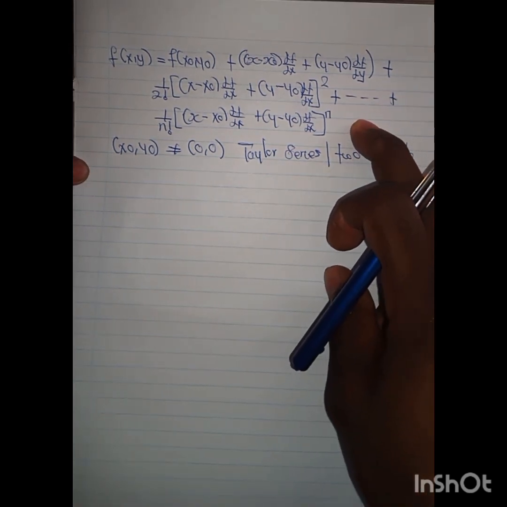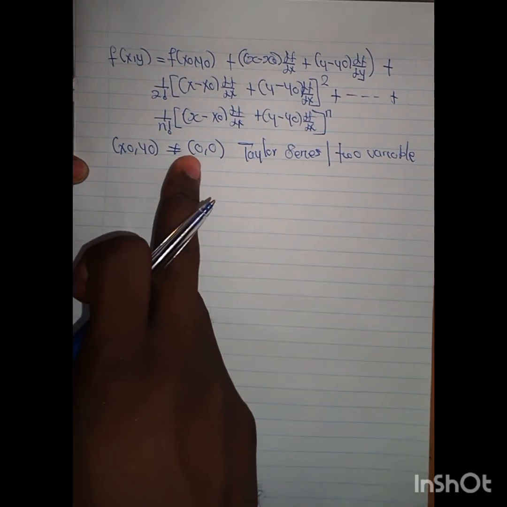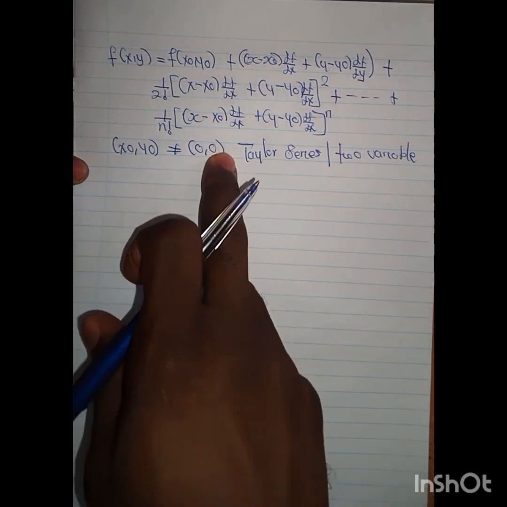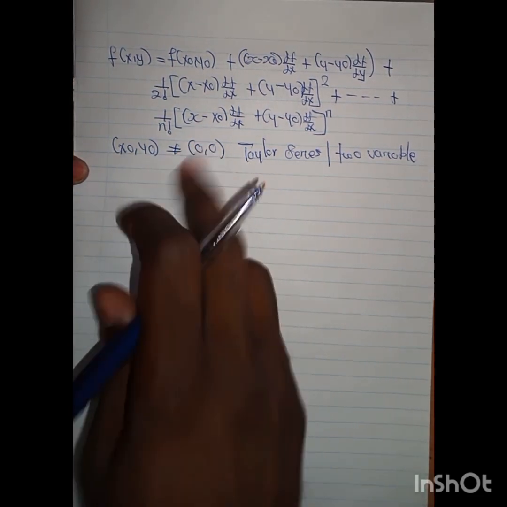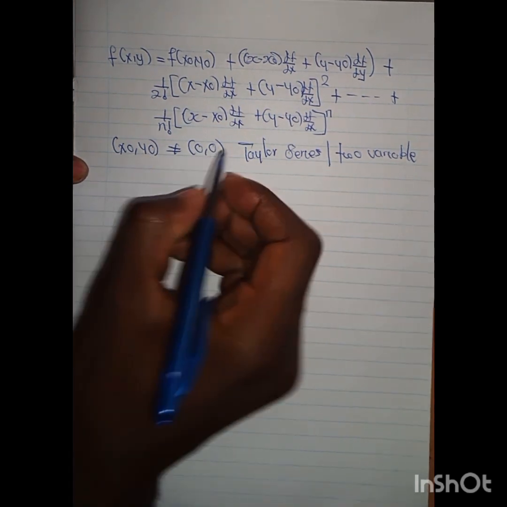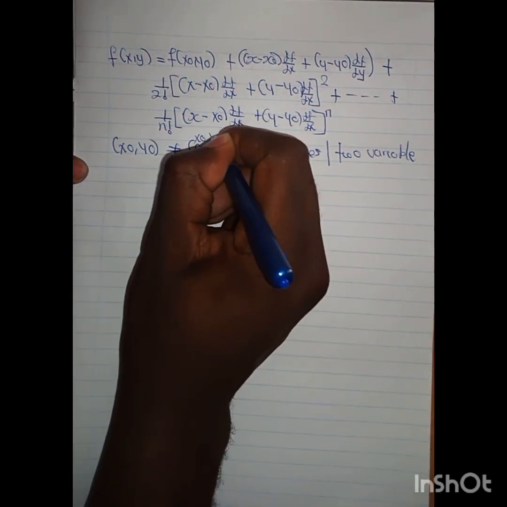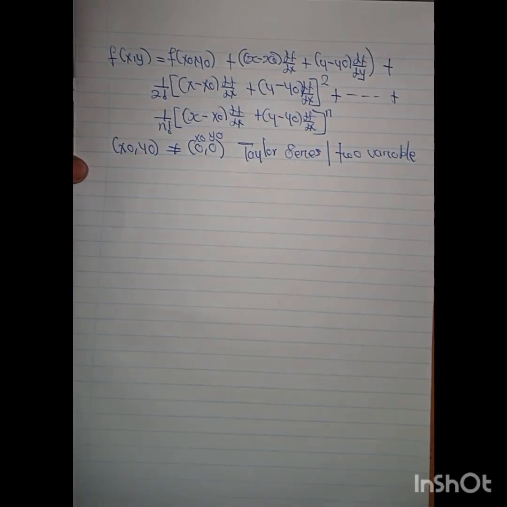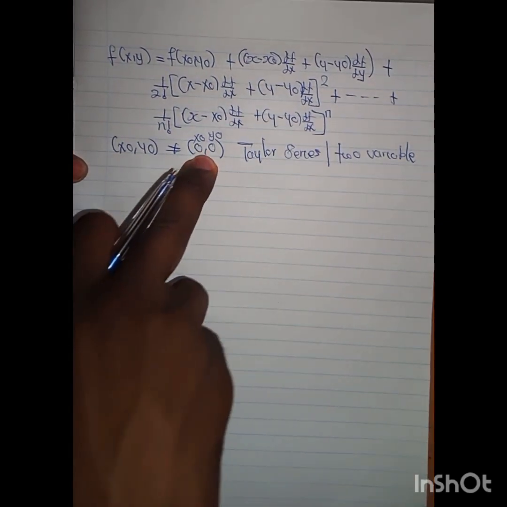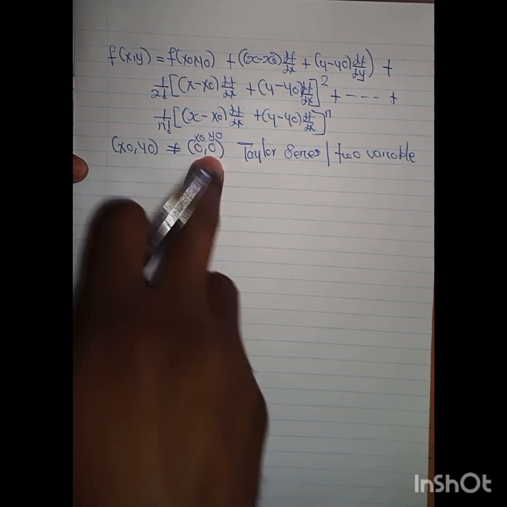Then how about when we have the point given as 0 and 0? If the points are 0 and 0, it means our x naught and y naught are 0, so where there's x naught now, we substitute the value of 0.